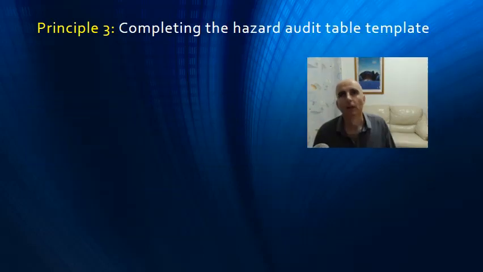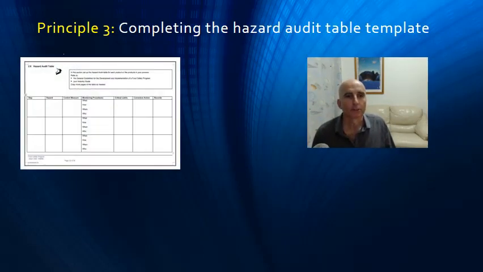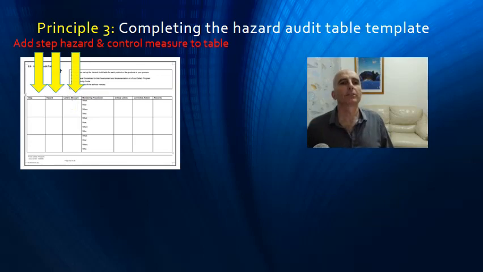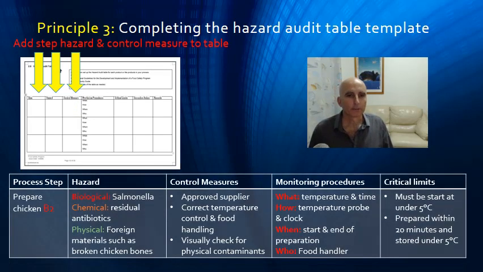Okay, for principle 3, we now go back to our template, which is here, a hazard audit table. You have to add the steps from the last step, so hazard and control measures, to the table. Here's my table, and you'll recognize these 3 steps we have already done. And the monitoring procedures, this is a very clinical scientific process to say what, how, when, and who at all times.